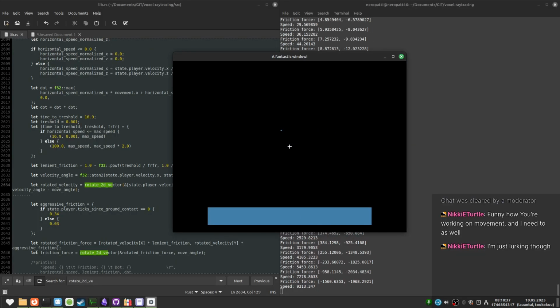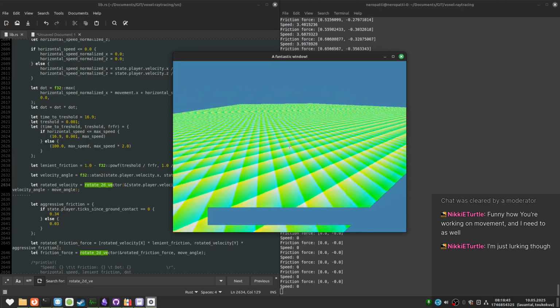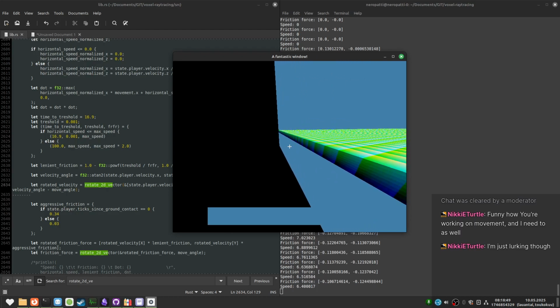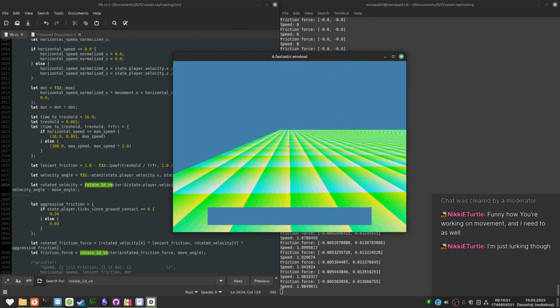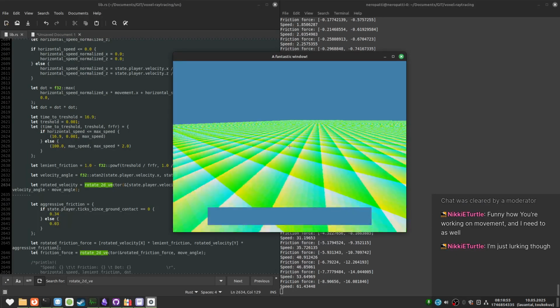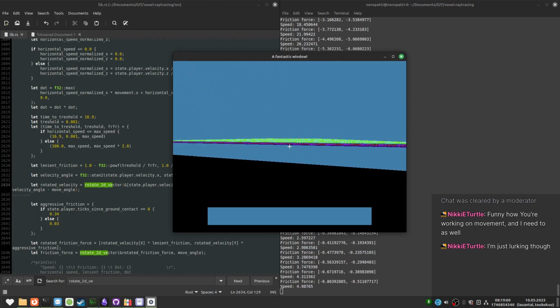Nope. Is it now the case that I can go this direction without issues? There's like no direction that's not broken.